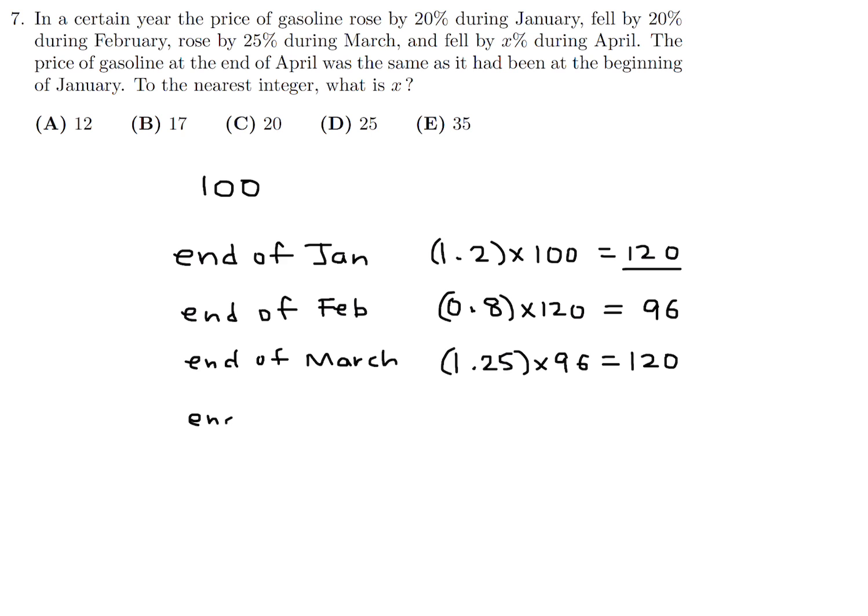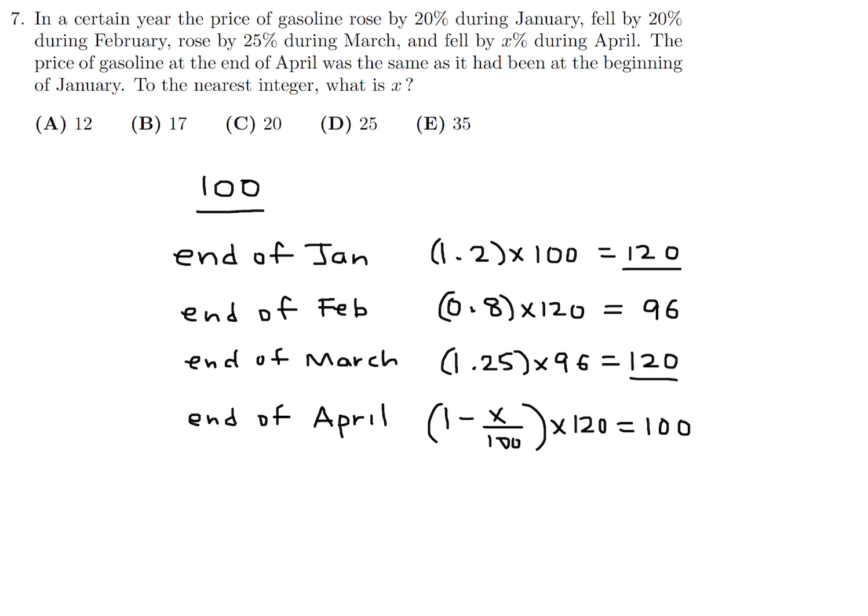And then at the end of April, that's when it fell by X%, so it would be 1 minus X over 100 times this 120. And they're saying it is equal at that point to what it was at the very beginning, which I had denoted as 100.